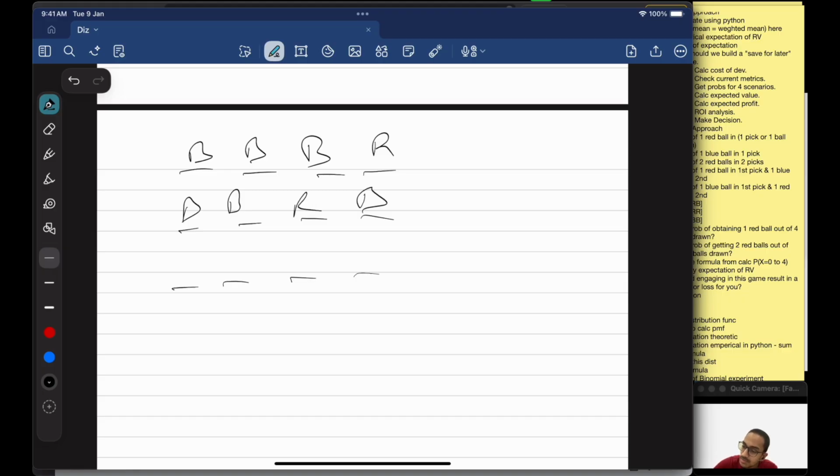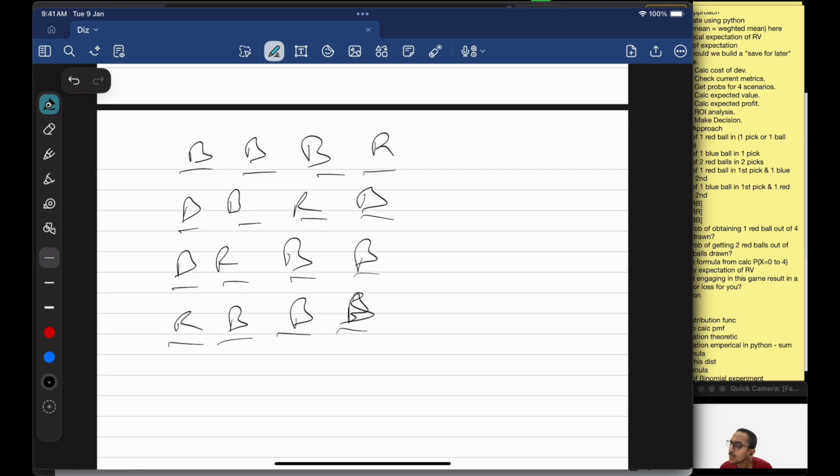I can also get blue, red, blue, blue, and I can also get red, blue, blue and blue. These are the 4 ways, or rather 4 arrangements that will give us 1 red when we draw the ball 4 times, right?